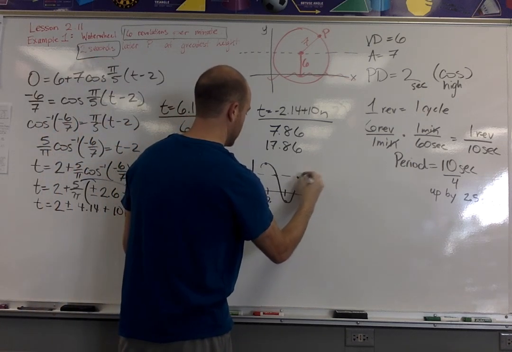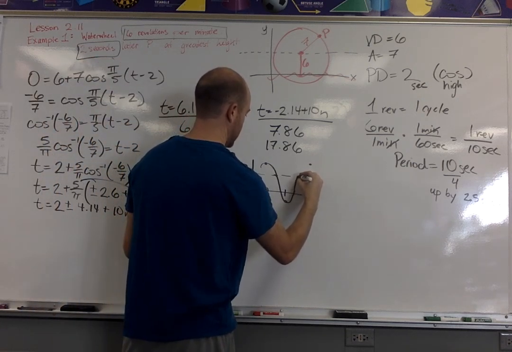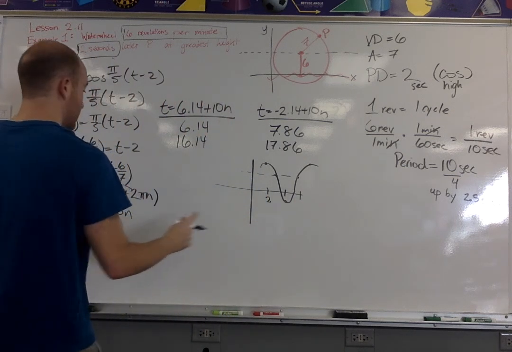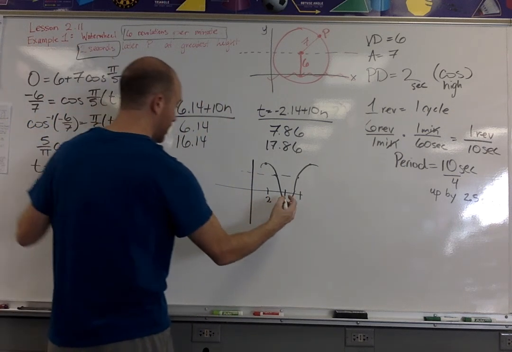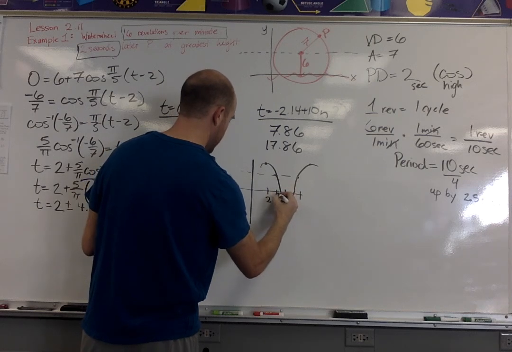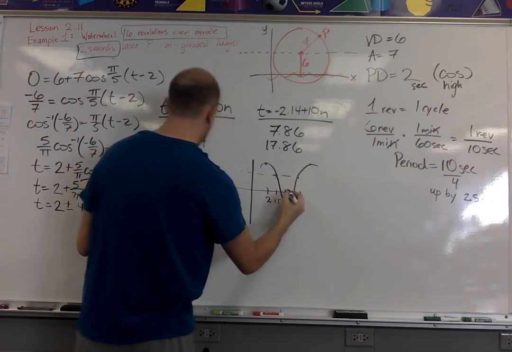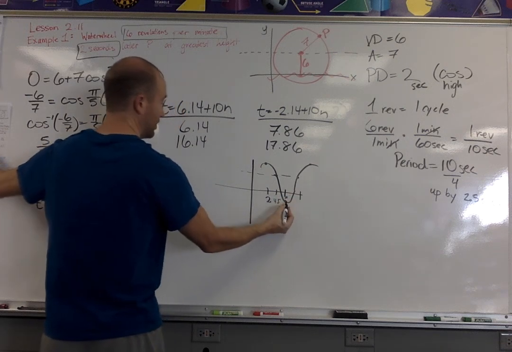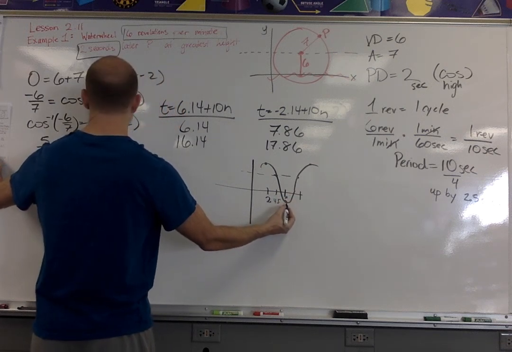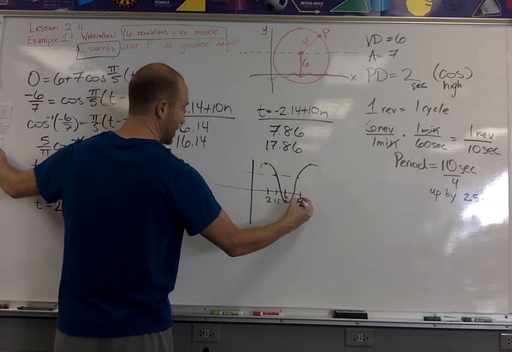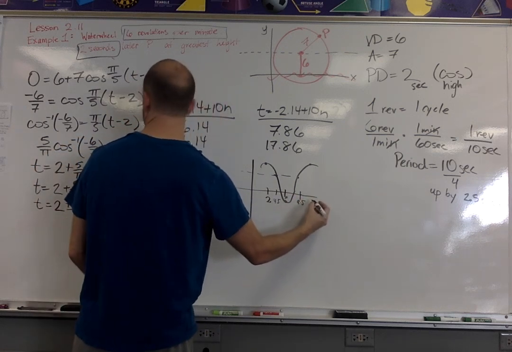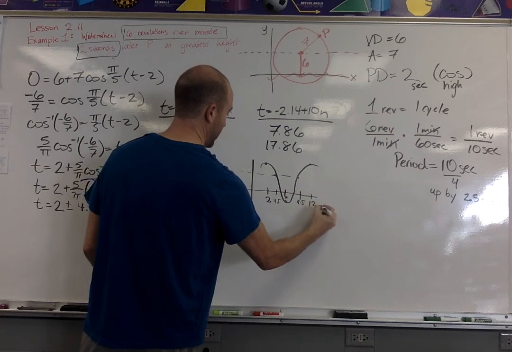Shouldn't have erased this graph. So what we had was 2, 4.5 was when it hit the middle. We've got 7 was when it went to the low point. We had 9.5 is when it hit the middle. And then it was back to 12 when we had the high point.